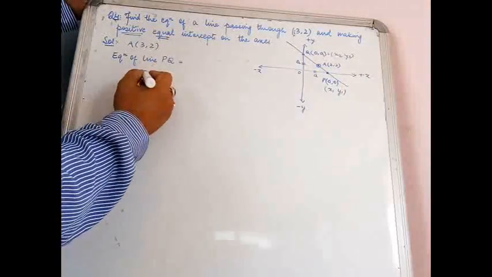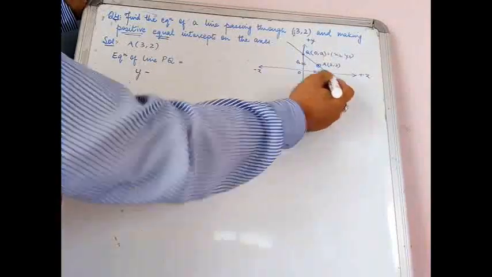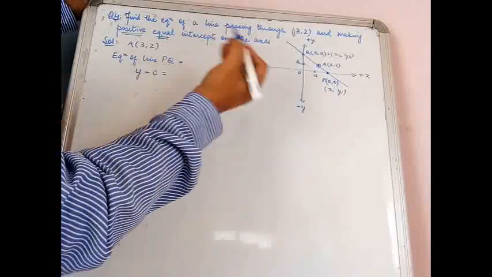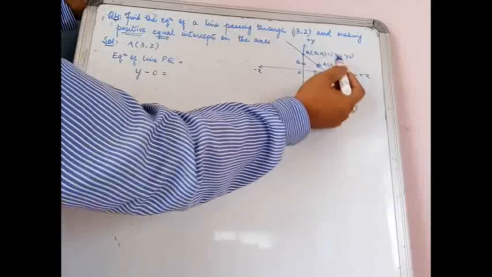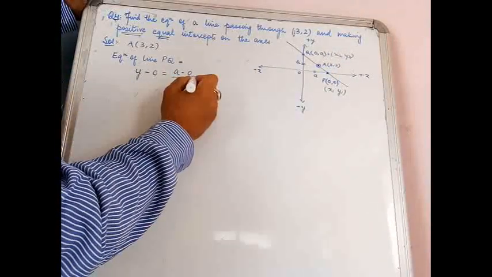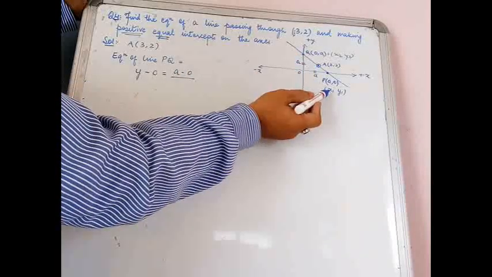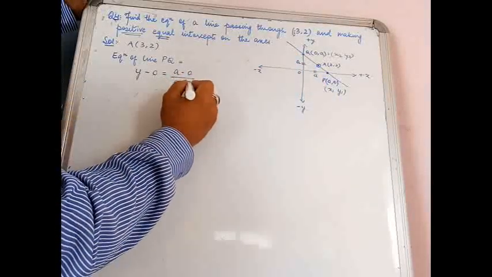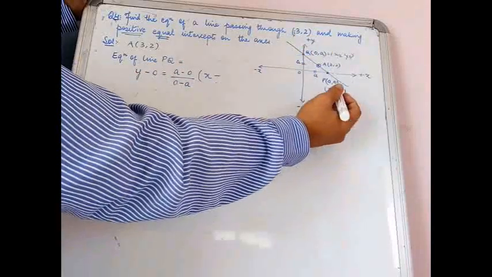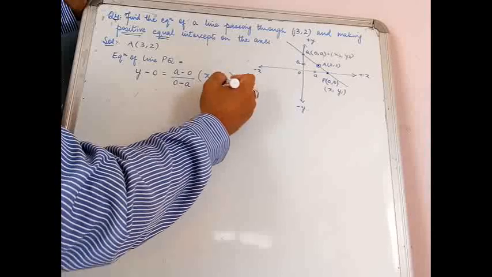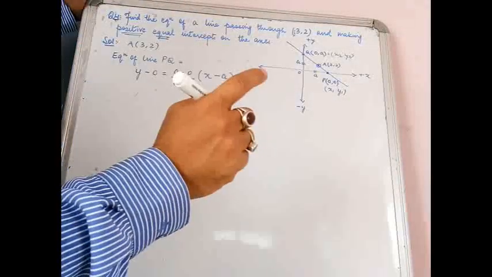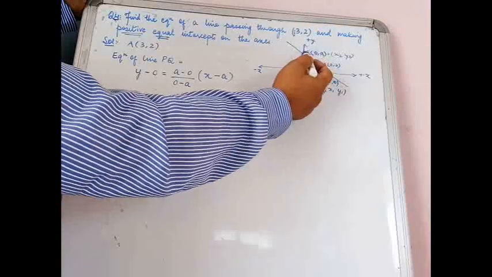So y minus y1, y1 is 0, equal to y2 minus y1. y2 is A, y1 is 0, so A minus 0 upon x2 minus x1, that is 0 minus A, into x minus x1. x1 is A. Again, this is the 2-point form that I am using. The two points that I have taken are P and Q.